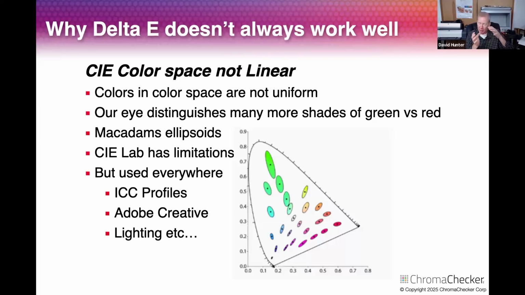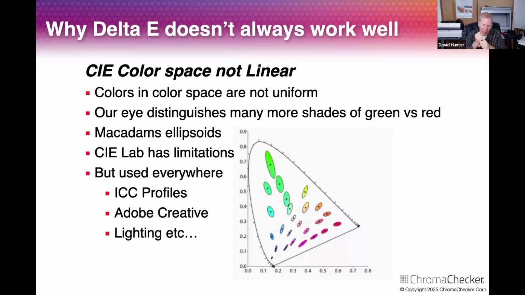And this has improved our delta E formulas, but it's not great. And there's been talks, boy, Ed Granger's been talking about switching out the LAB color space for 20 years. But so much of our industry is based on CIELAB, such as all of our ICC profiles, all of Photoshop color conversions, a lot of what we do with the lighting.